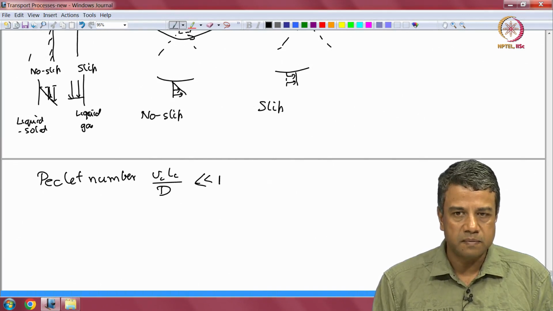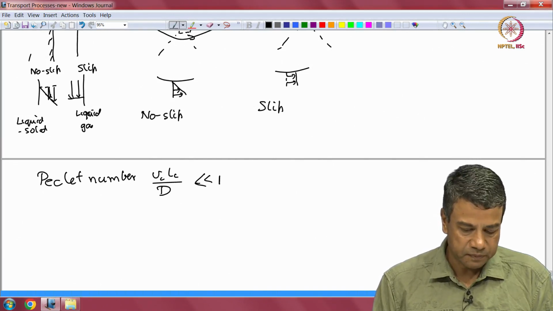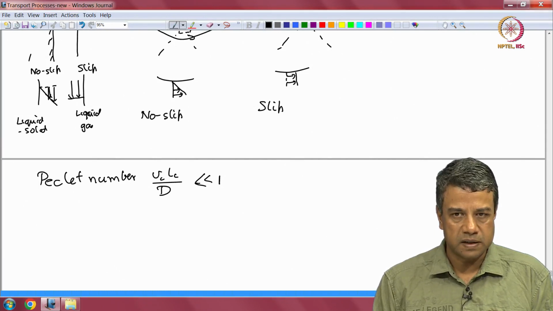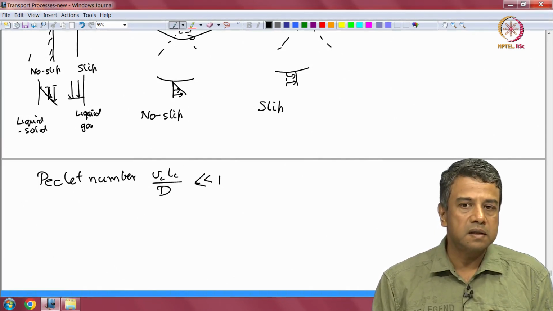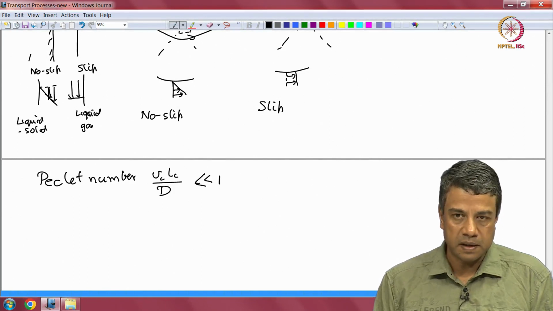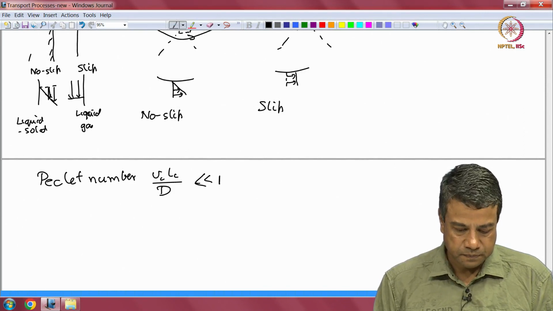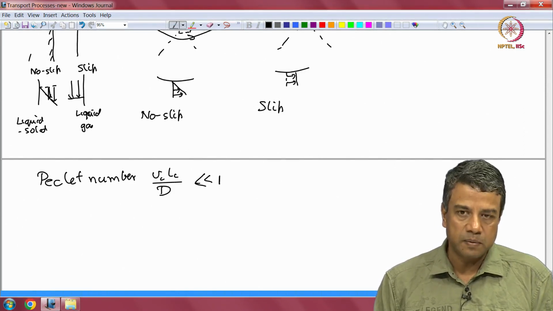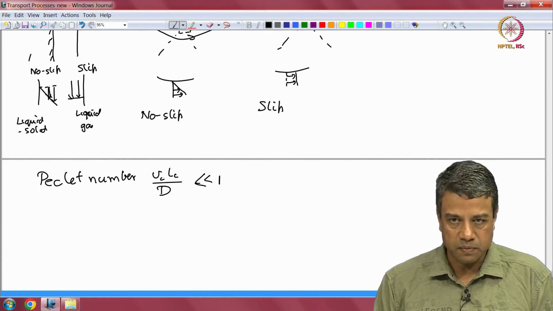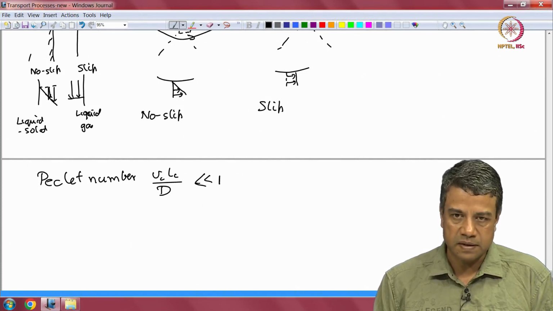In this case, for mass and heat transfer, when there is no convection, diffusion is dominant, which means that the fluid velocity cannot be a parameter in the equation. If the fluid velocity is not a parameter, then the Peclet number is not a relevant dimensionless group because it contains the fluid velocity.